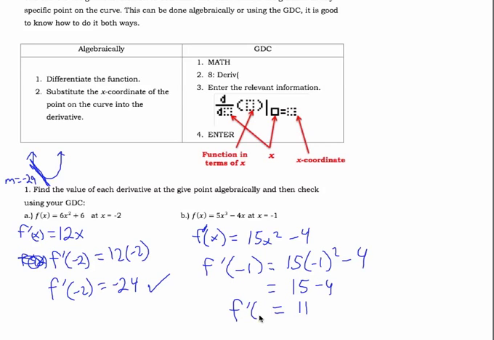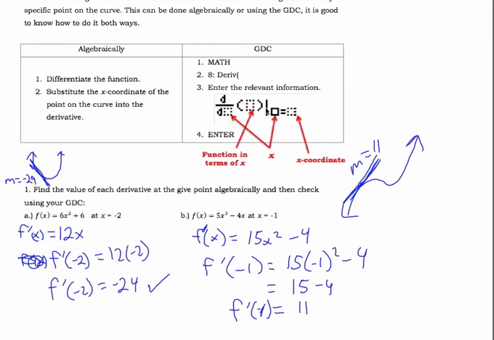So the derivative at x equals negative 1 is 11. You can think of that graphically as a cubic function. Maybe it's going to look something like that. But at x equals negative 1, the slope of the tangent line equals 11.